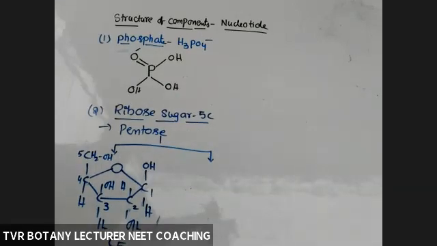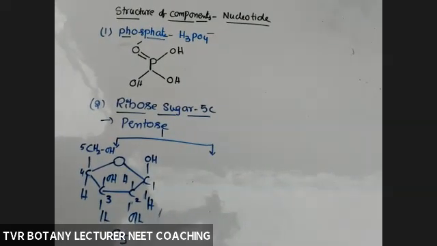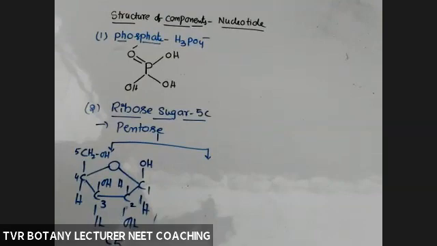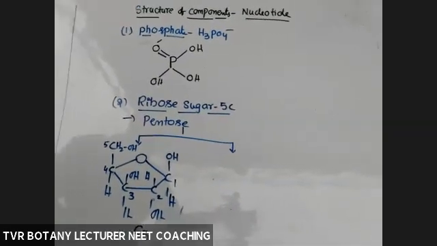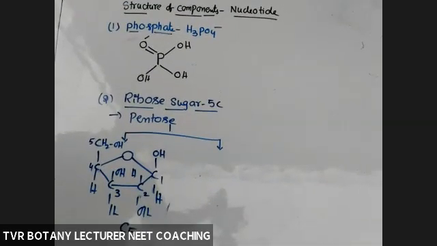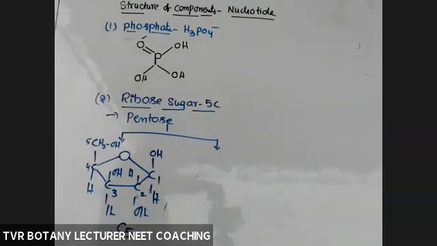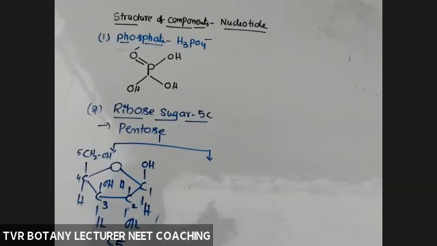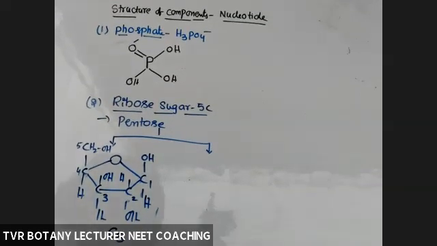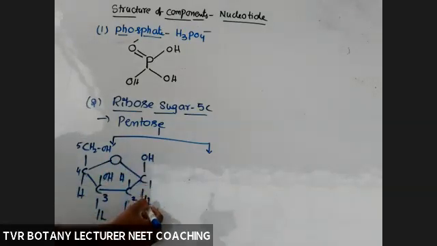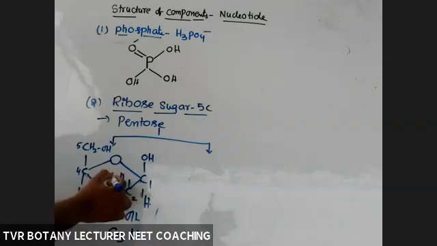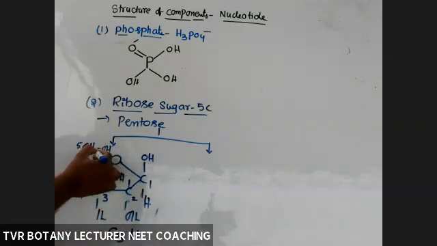Pentose sugar C5. Next, hydrogen atoms. Total number of hydrogen atoms 1, 2, 3, 4, 5, 6, 7, 8, 9, 10.